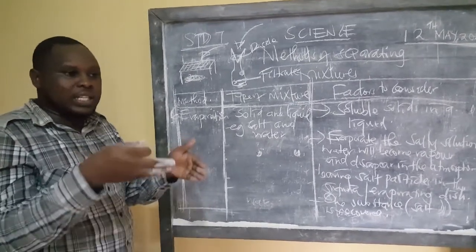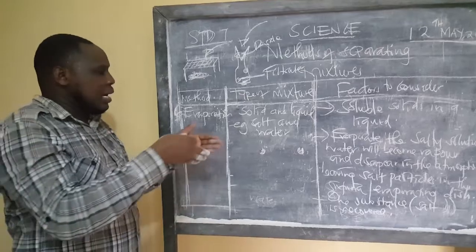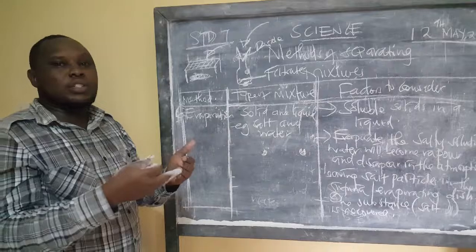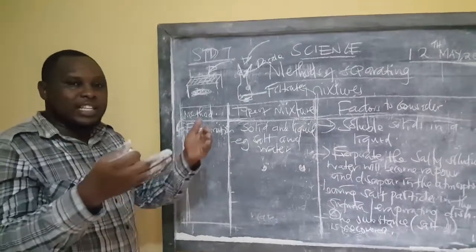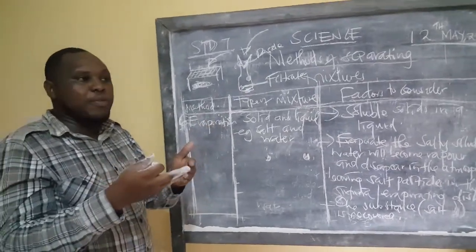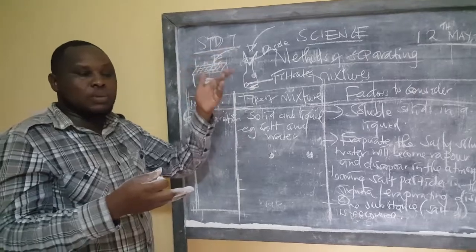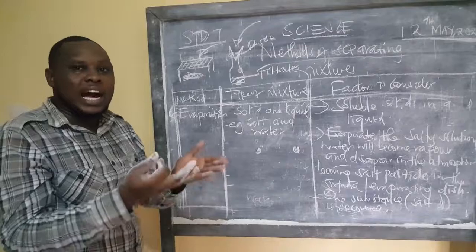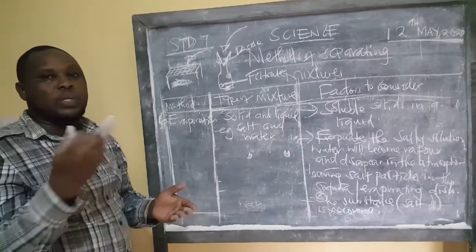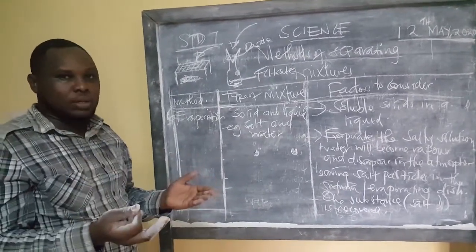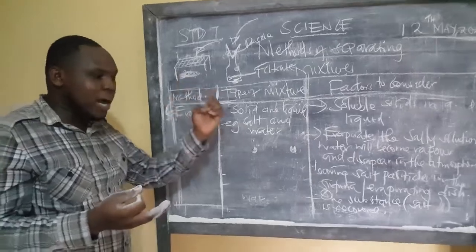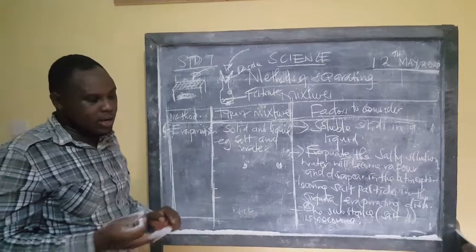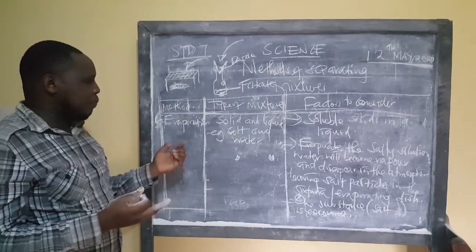And so we got an example of a solid in a liquid, that is salt, where you put the mixture under very high temperatures, you evaporate the water into the atmosphere, you remain with the salt particles at the base of the sufuria. And so we said it is not encouraged, because you only remain with one item. Out of the two substances, you remain with one. So that's where we ended up.